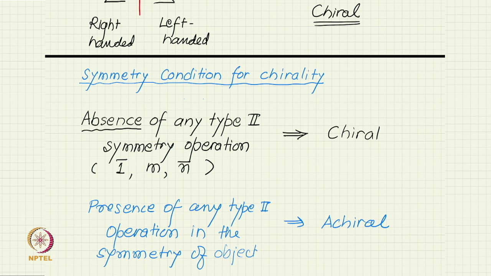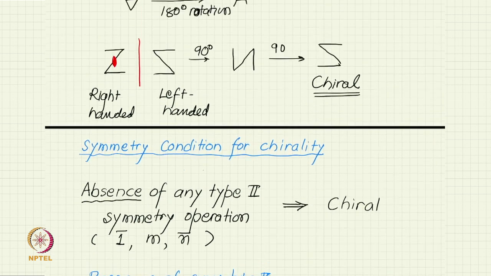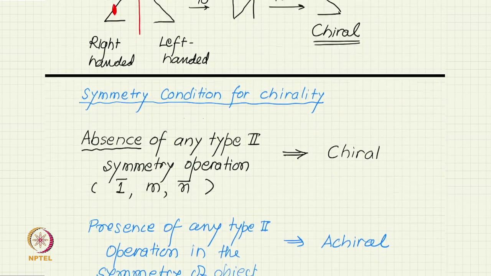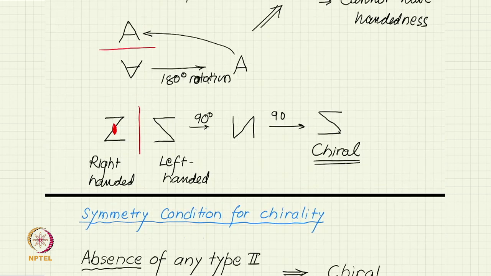So, this is the important symmetry distinction of the object showing chirality and object not showing chirality.